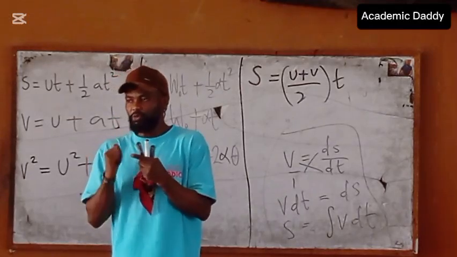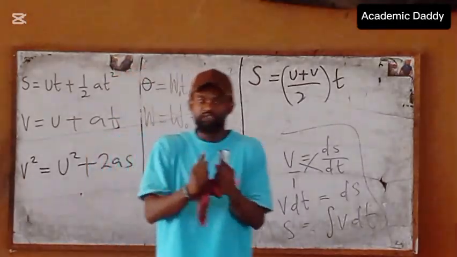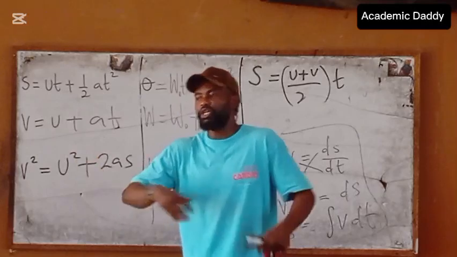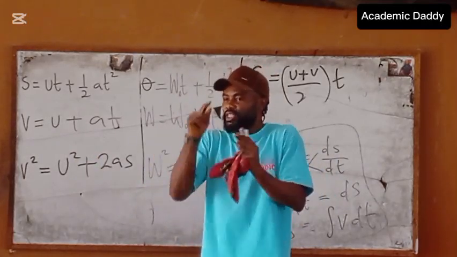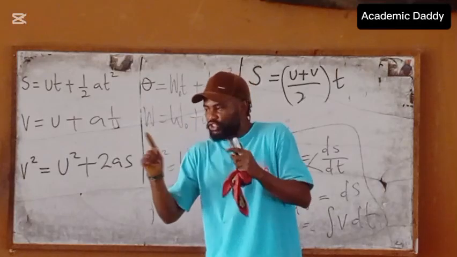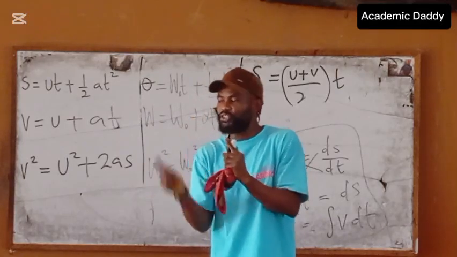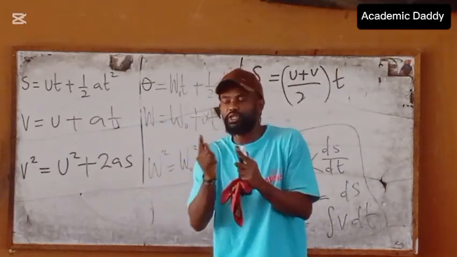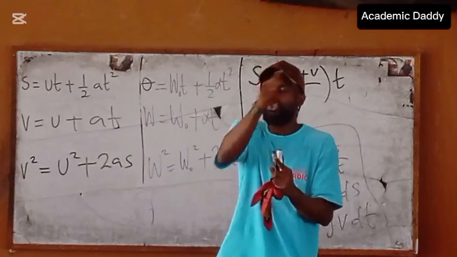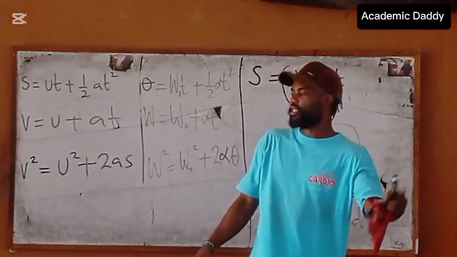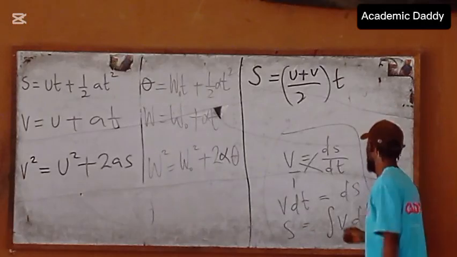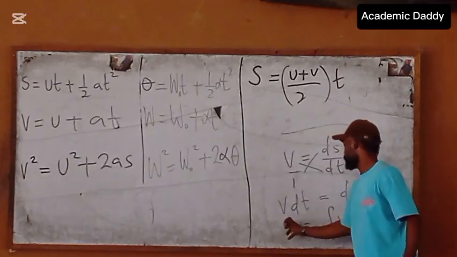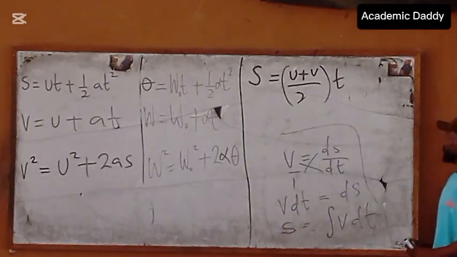Anything over something that is a change is differentiation, and if I make the other one the subject of the formula, it simply means integrating what is on the other side, just like we've done here. This is the symbol for integration. So note it because it will be useful.